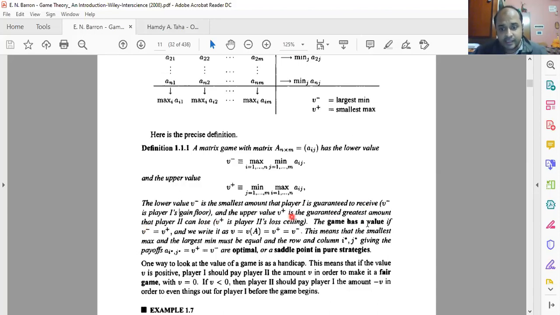The game has a value if nu minus equals nu plus, and we write this common value as nu, or sometimes nu of A, meaning the value of the game of the matrix capital A. This means that the smallest max and the largest min must be equal, and the row and column i star, j star give the payoff. I star j star means the cell in which this value will exist. That cell will be the optimal cell, and that is called the saddle point.